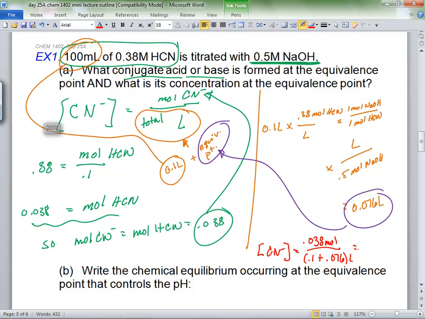All right? 0.038 divided by 0.176. About 0.216 or so, 0.2, somewhere around there. Yeah, and I get it. Or you could write moles over liters. Either one works. Big M is kind of quicker.